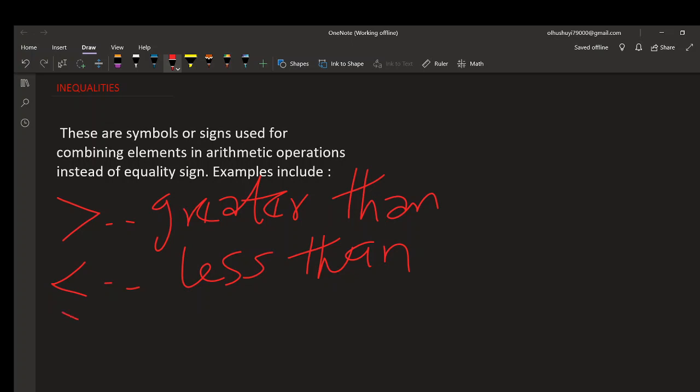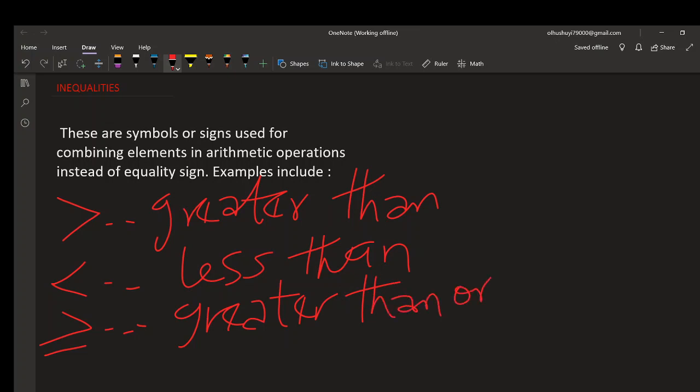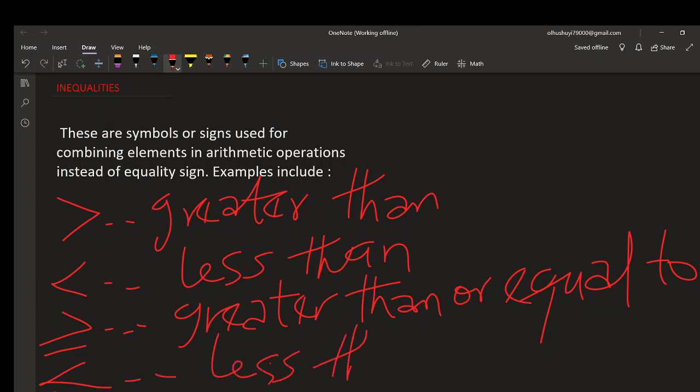This means greater than or equal to. And if you turn it all the way around this way, you have less than or equal to.